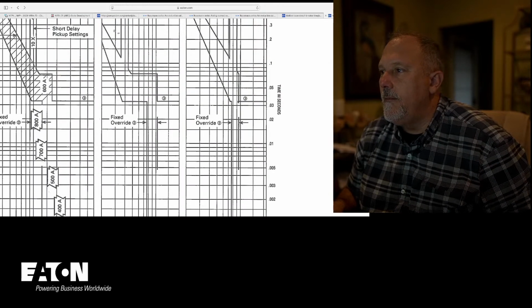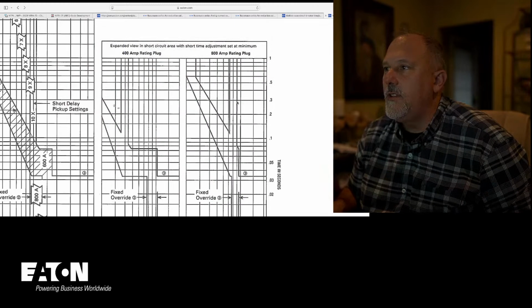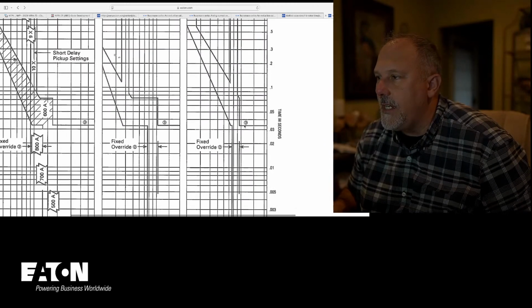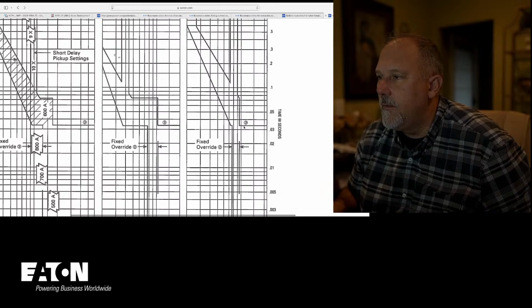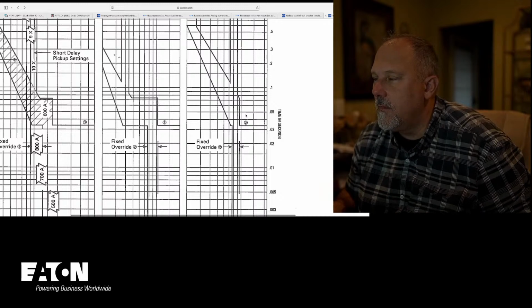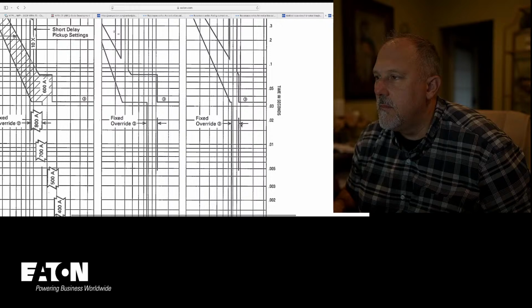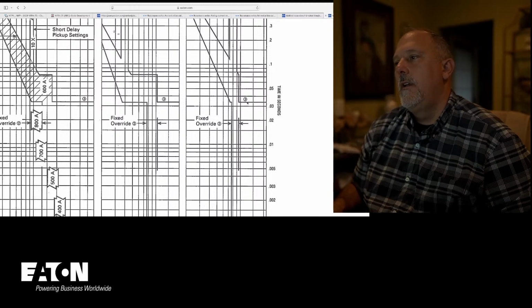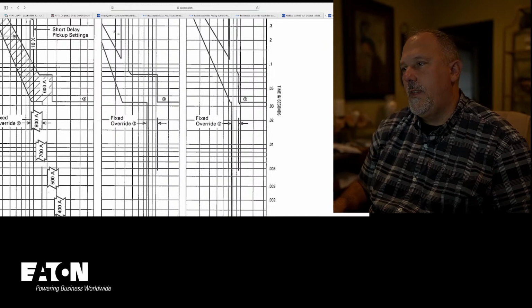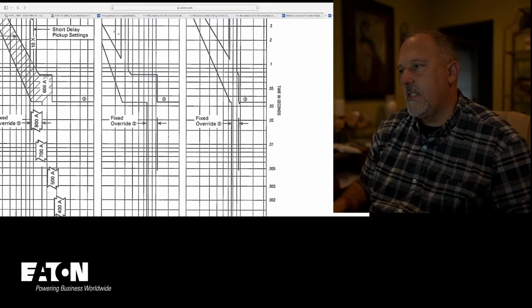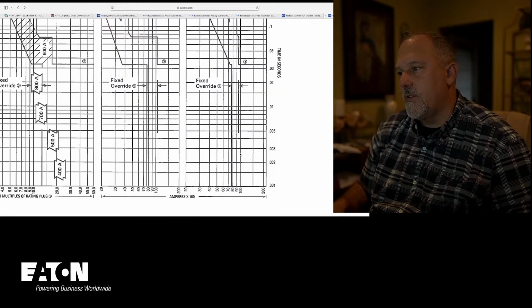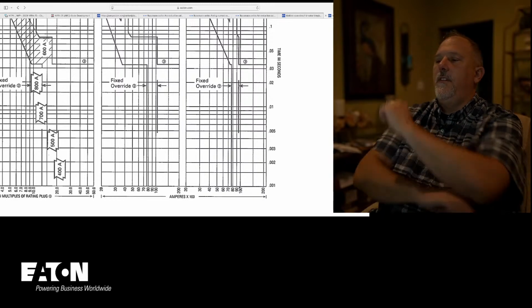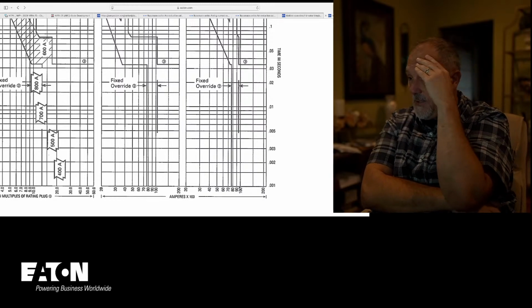So where I get into instantaneous is right here. So this fixed instantaneous value is right before the 100. Which, if it's 100 times 100, it's 10,000.